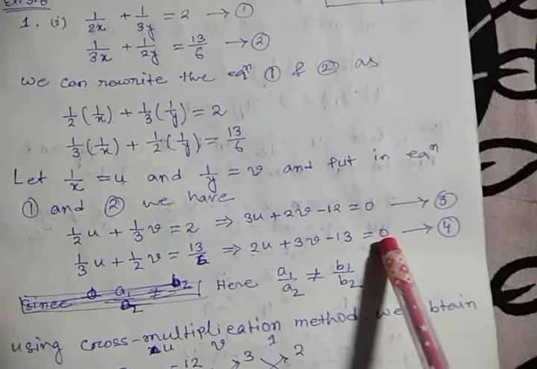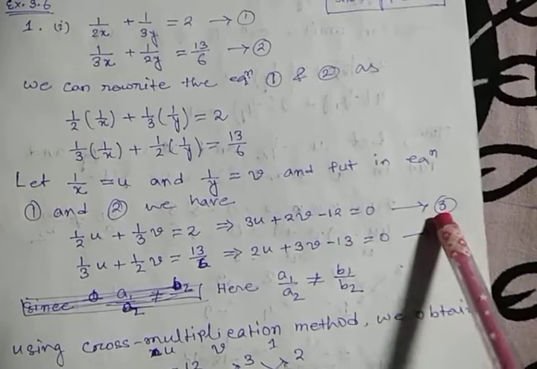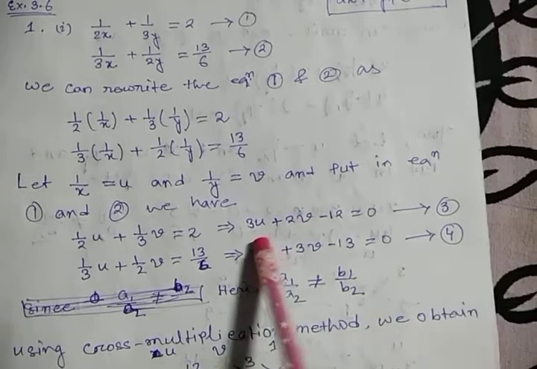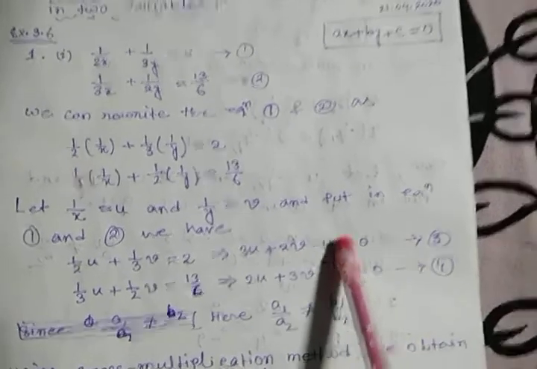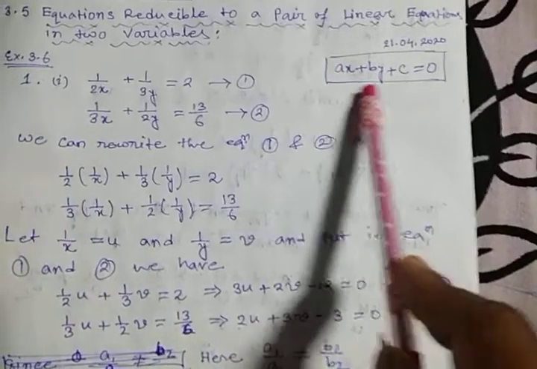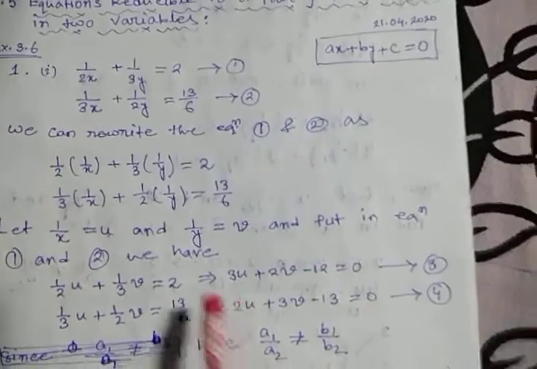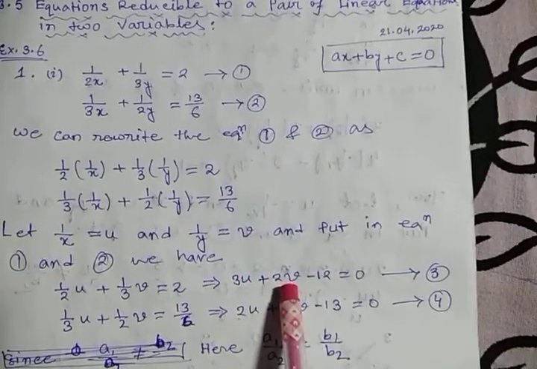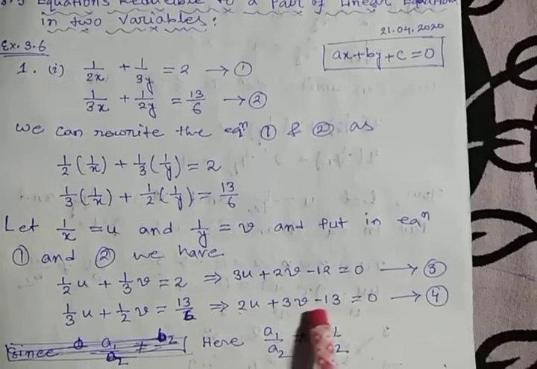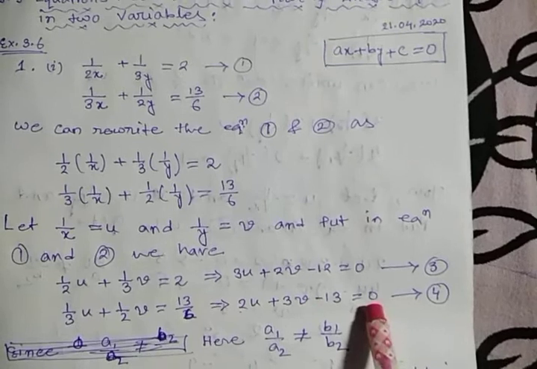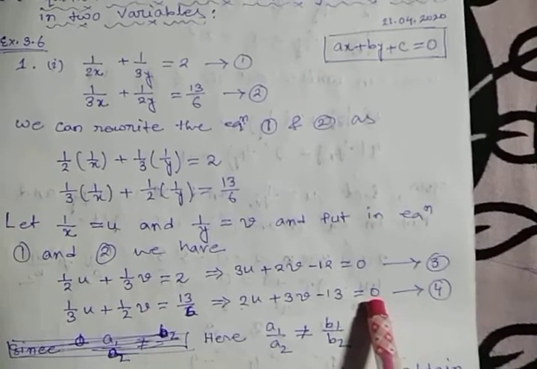Now you can see equations 3 and 4 are linear equations of the form ax plus by plus c equal to 0. So 3u plus 2v minus 12 equal to 0, and 2u plus 3v minus 13 equal to 0. Both are linear equations, so we can solve them by any method.